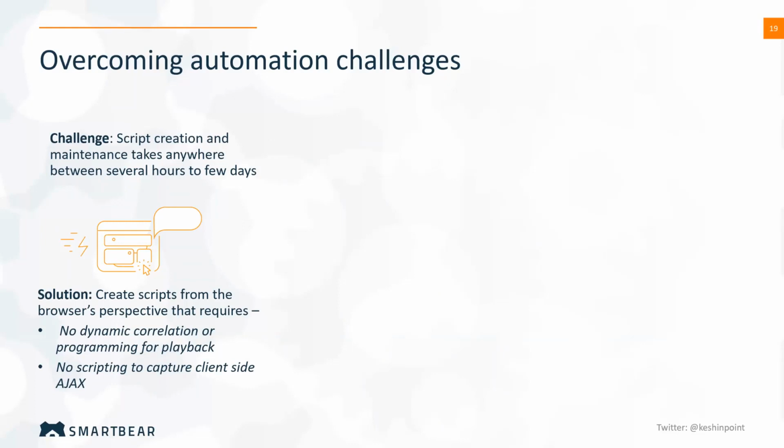And what this really does is it allows you to not have to focus on the dynamic correlation or programming in order to play back your tests. In Load Ninja, you can record your test cases and then play them back instantaneously. So you don't have to spend a lot of time after you create that initial test case to then propagate session IDs or things like that throughout your test cases.